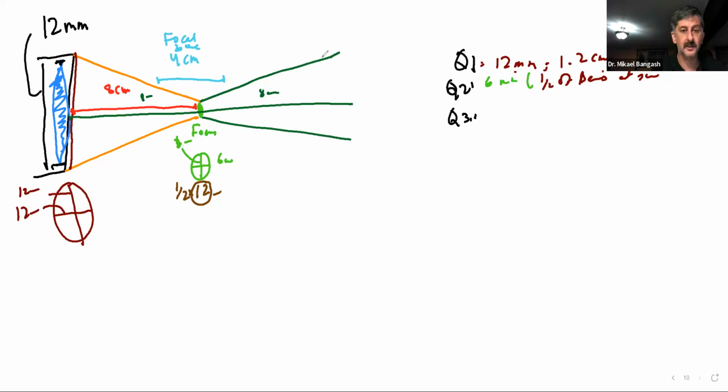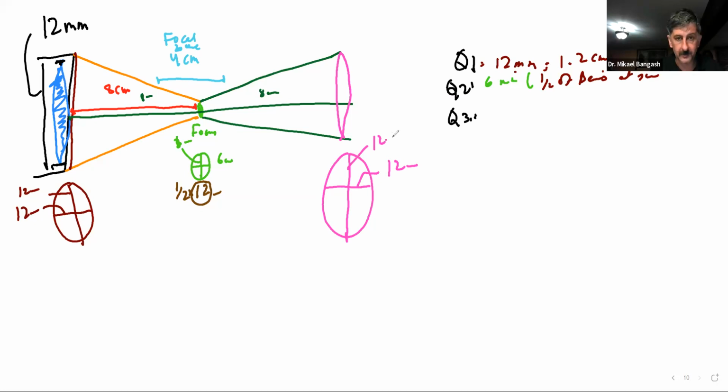And I just mentioned before that here, theoretically, the beam is going to go back to a diameter of 12 millimeters wide, and or 12 millimeters tall.